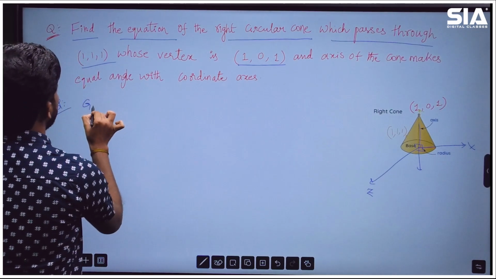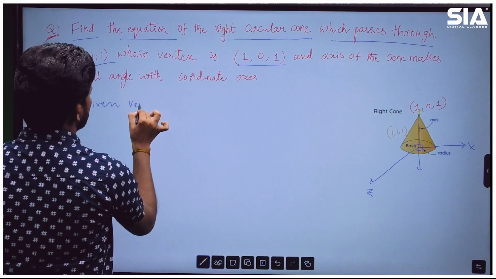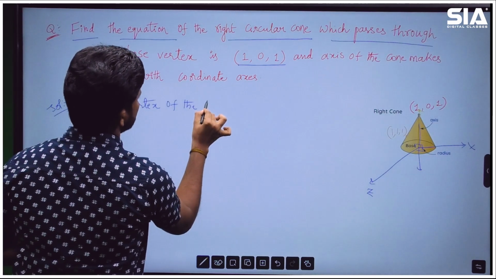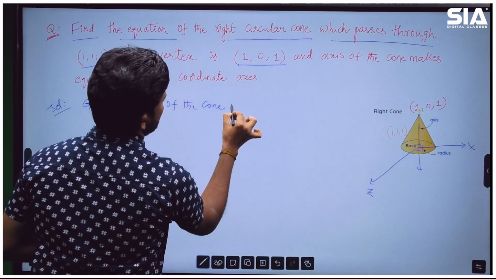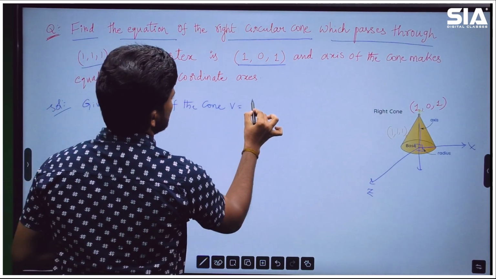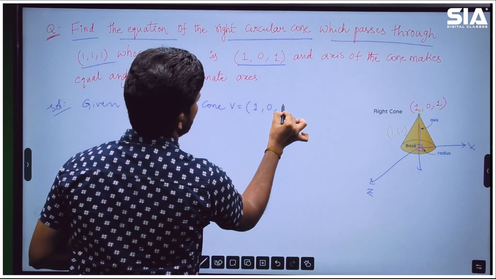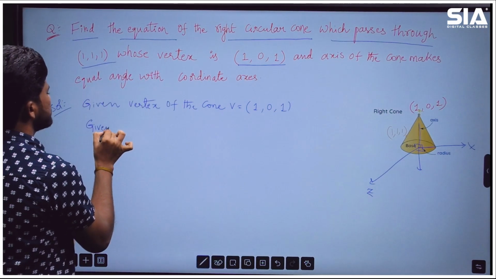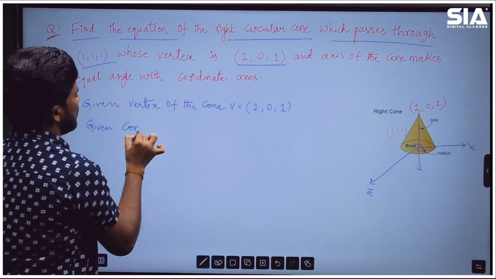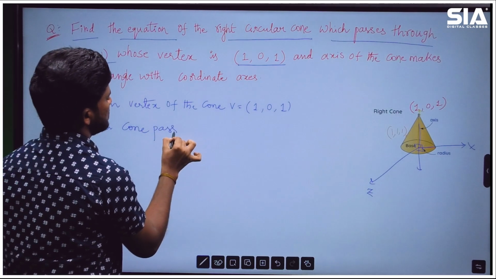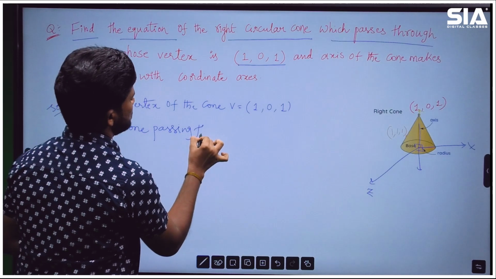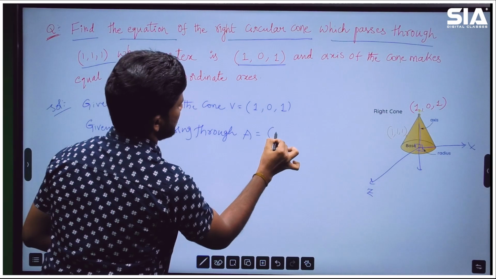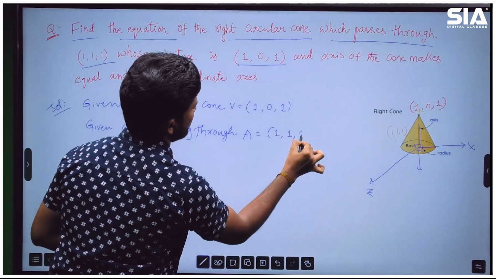First of all, I am writing the given vertex of the cone. The vertex of the cone is V = (1, 0, 1), and the given cone passes through one point, which we take as A = (1, 1, 1).